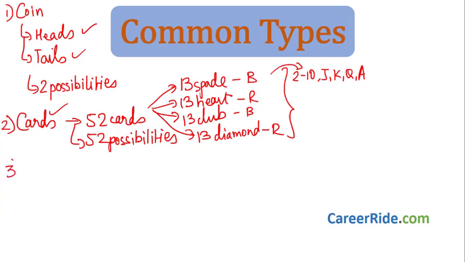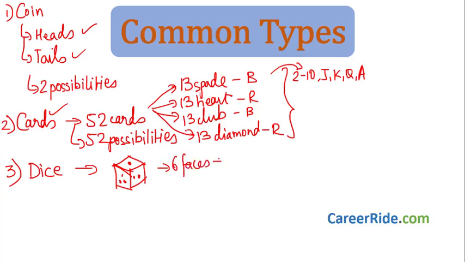The third common type is a dice, which we roll while playing board games. A dice is nothing but a cube and it has 6 faces, with numbers on them, 1, 2, 3 like that. Each face has a unique number from 1 to 6.